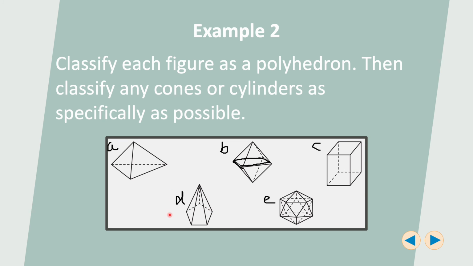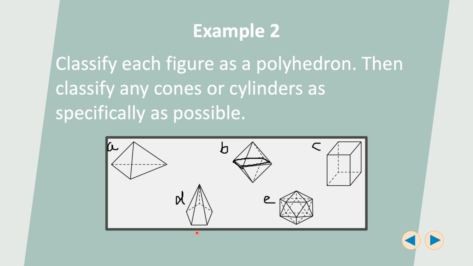Let's look at D over here. So this has a base of a pentagon, which means it has 5 triangular lateral surfaces. So how many total surfaces is that? 5 lateral and 1 base. That's 6 surfaces. So that's another hexahedron. But since it has a base and then it goes up to a vertex, this also makes it a type of cone, right?